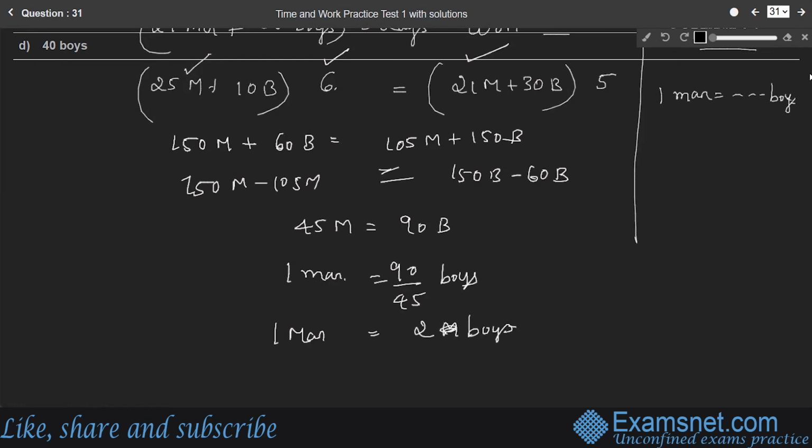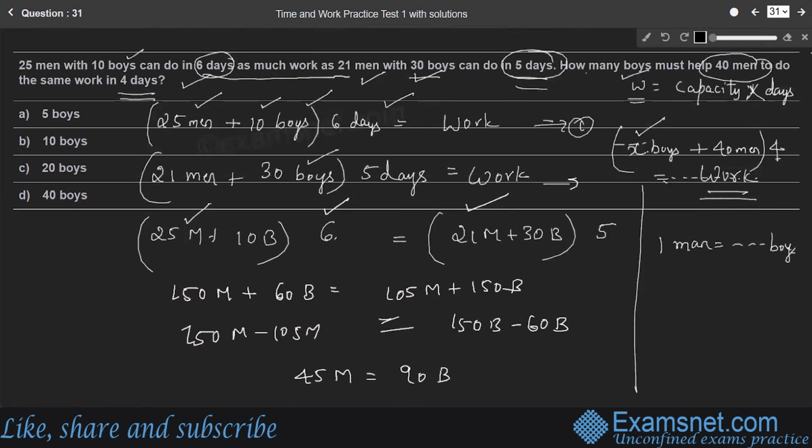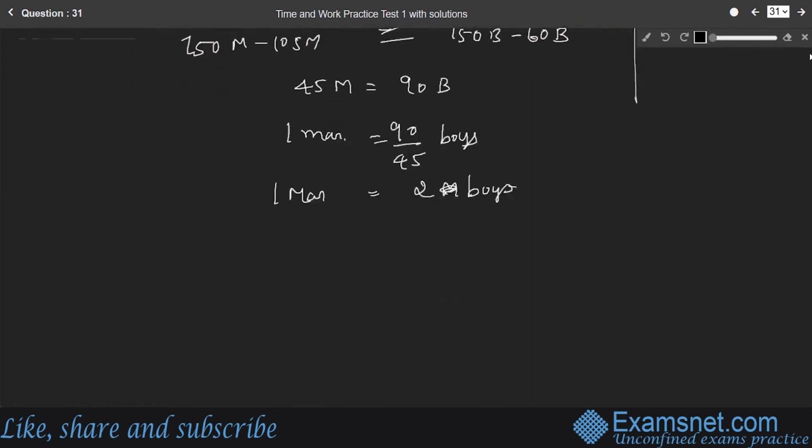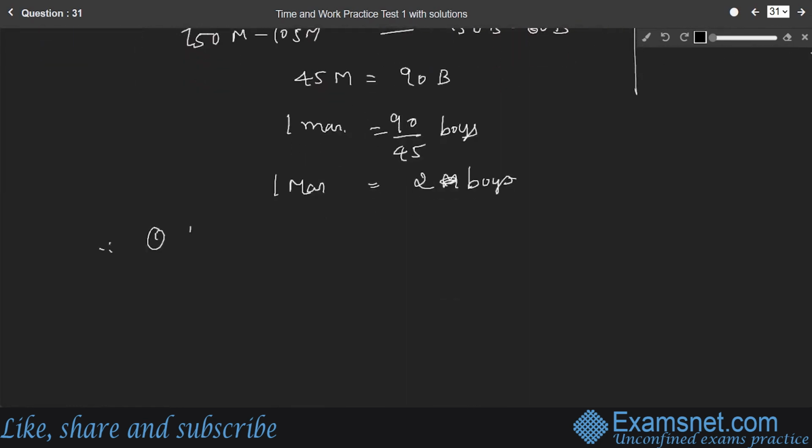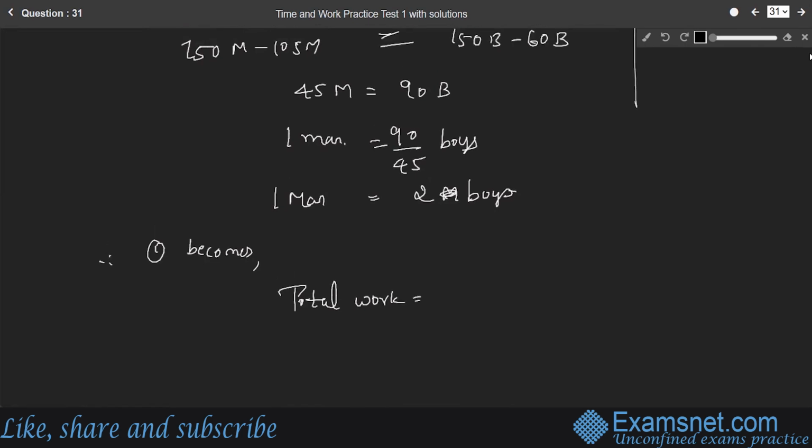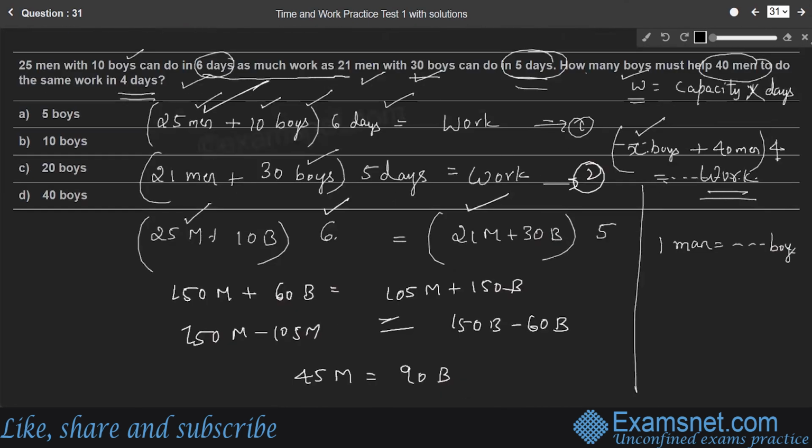So either you can consider equation 1 or equation 2. Since 25 men plus 10 boys into 6 is the total work, equation 1 becomes, so we'll consider total work is equal to 25 men. Here 25 men is given, and 1 man is 2 boys.